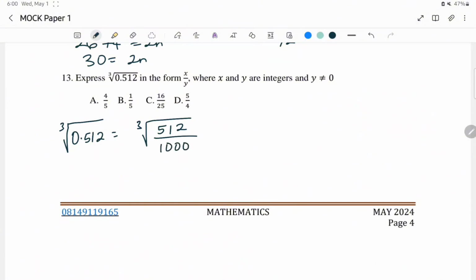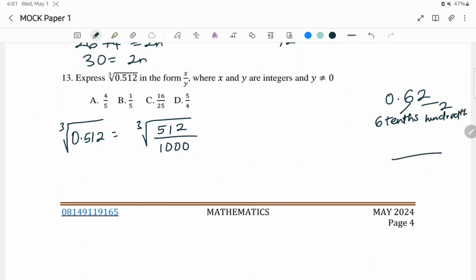How do I know that it is 1000? Anytime you want to convert a decimal number to a fraction, say for example 0.62, look at the last digit in that decimal number. What is the place value of it? So this is 6/10 and this is 2/100.